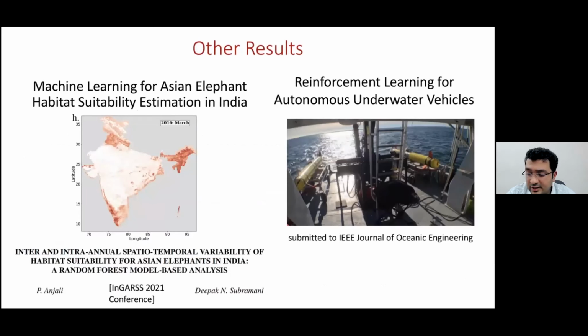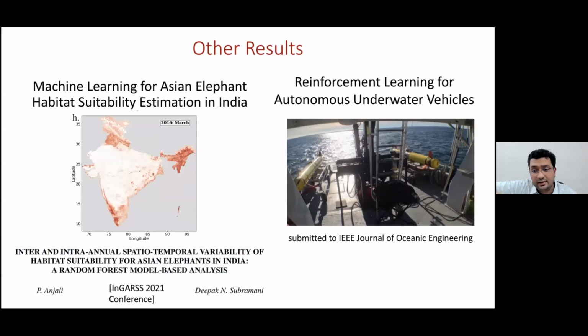Okay. So some of the other applications of machine learning that we did was to discover nonlinear relationships. I mentioned that as one of the points there. So discover nonlinear relationship between variables. So we were trying to use machine learning to estimate Asian elephants' habitat suitability. So you had these sparse data of where Asian elephants were, and you had remote sensing images of its habitat, like where the elevation and precipitation, weather data, all of this was available, vegetation.